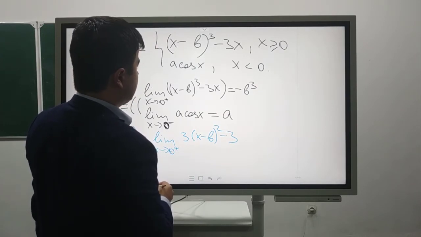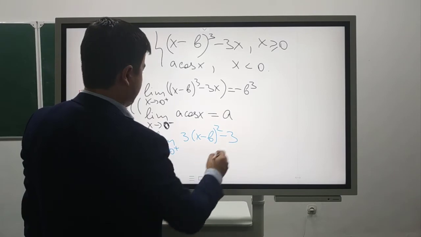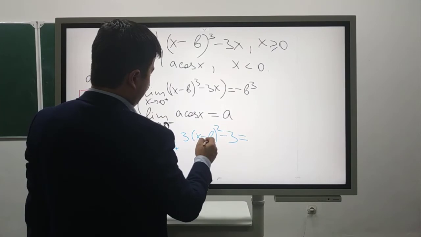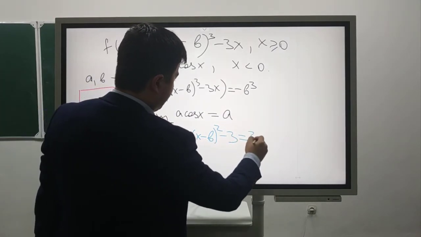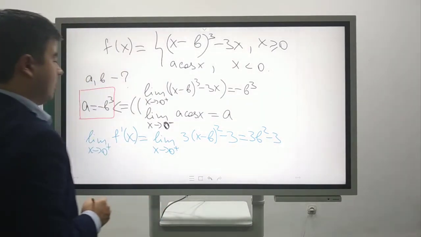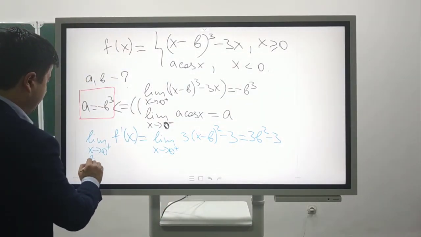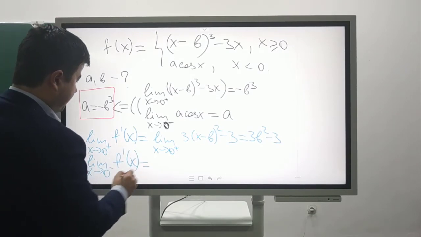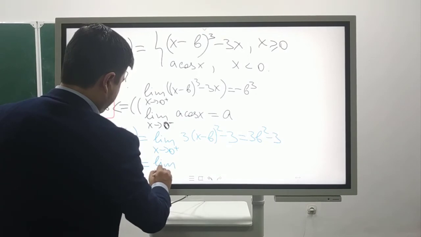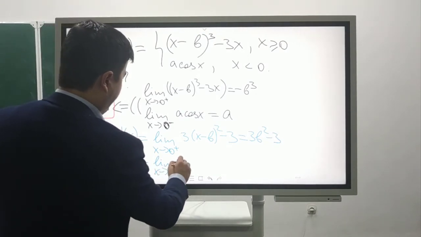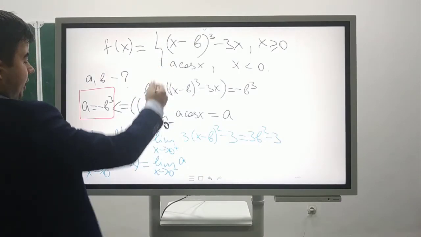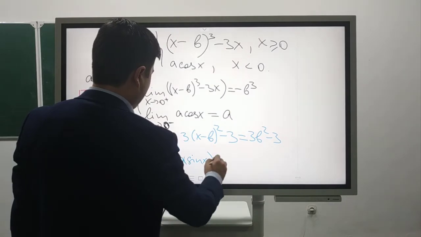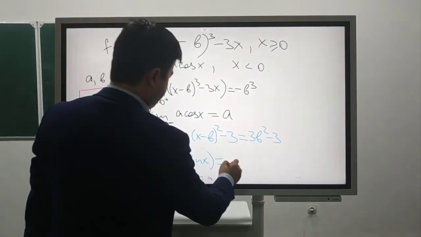If you put 0 plus, it is 0 minus b squared, which is b squared, so it is 3b squared minus 3. Now the next one, the left-side derivative, the limit as x tends to 0 minus of f prime x. The derivative of a cosine x is a times minus sine x, and if you put 0, it is 0.